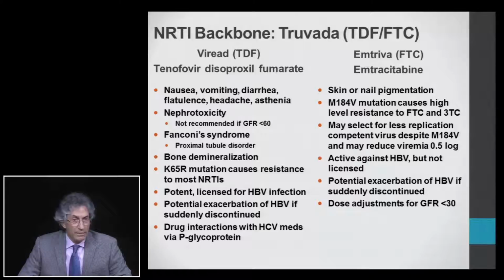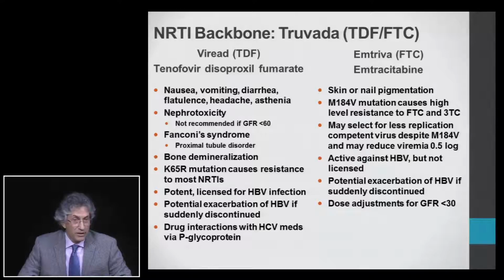There is the risk of hepatitis B getting worse if someone suddenly stops any hepatitis B drug. That risk might be higher with this tenofovir because it's the best hepatitis B drug. Hep B is more strongly suppressed by it, and when the drug stops, the hepatitis B can more dramatically rebound. So one has to be very careful using this medicine in people with hepatitis B. It's a great benefit, but you have to be quite careful.